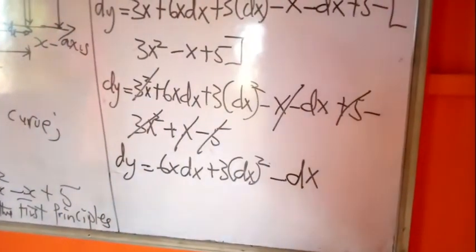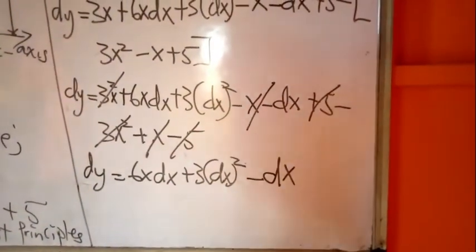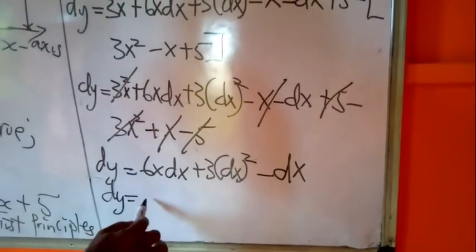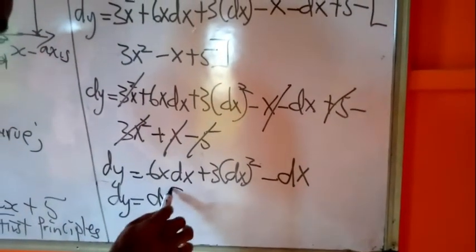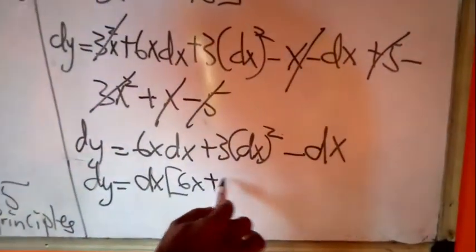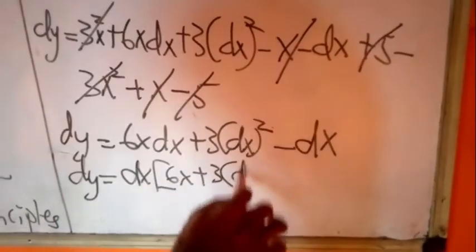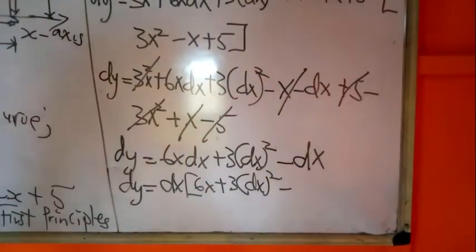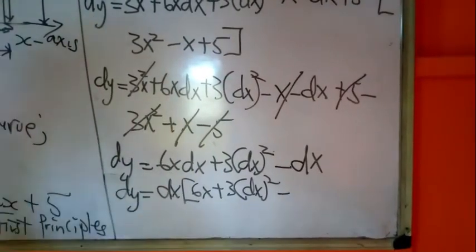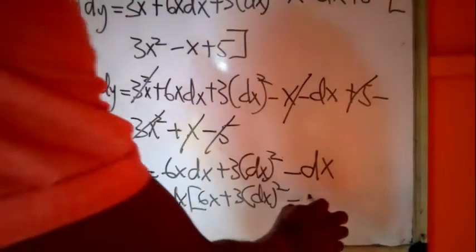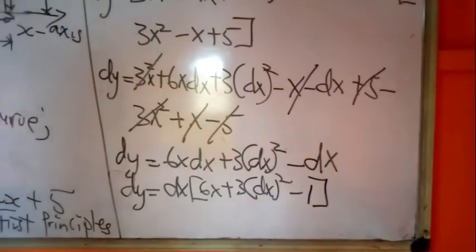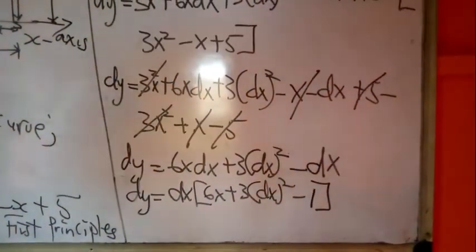So now we've gotten that, let's bring out the dx. If we do that, we are going to get dy equals dx into 6x plus 3 into dx squared. They now become minus 1 because of the dx that has been brought out.